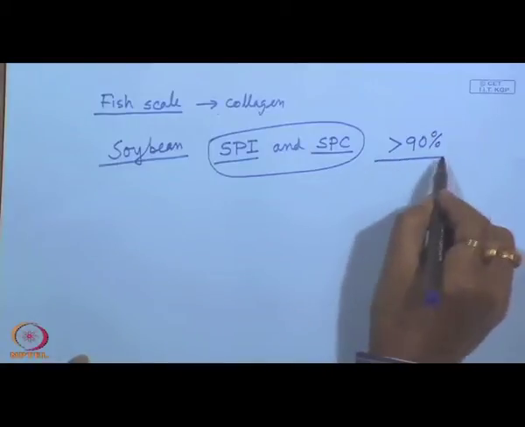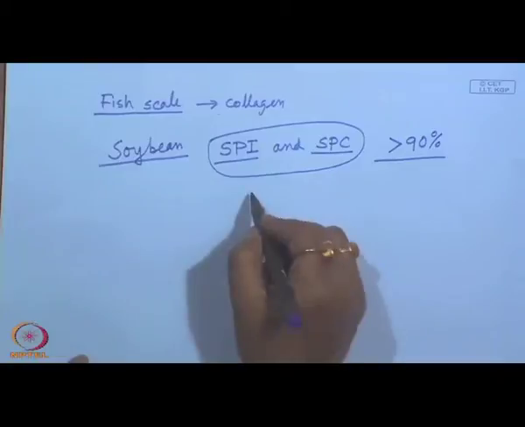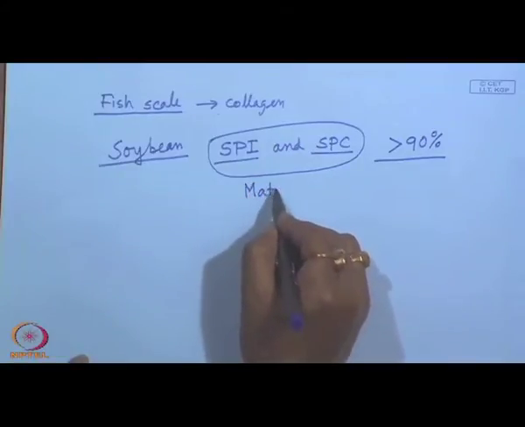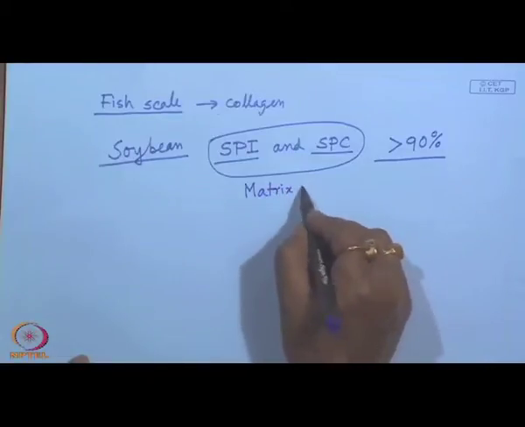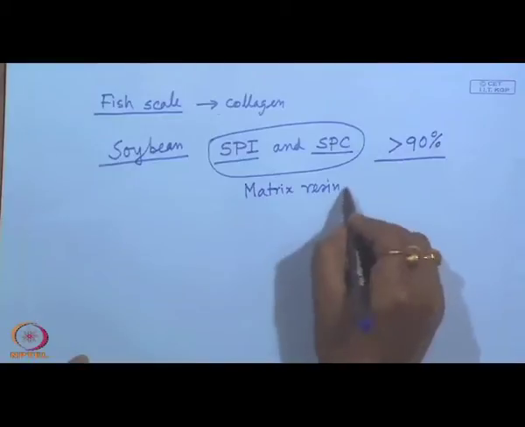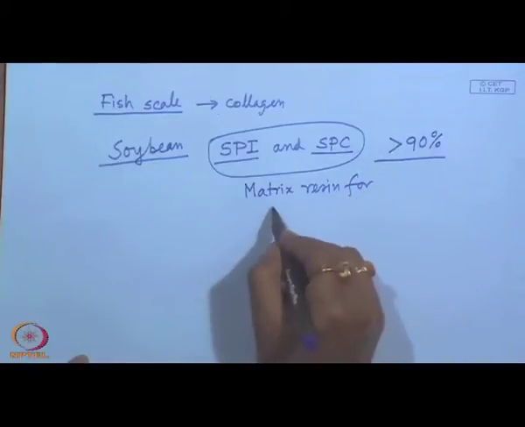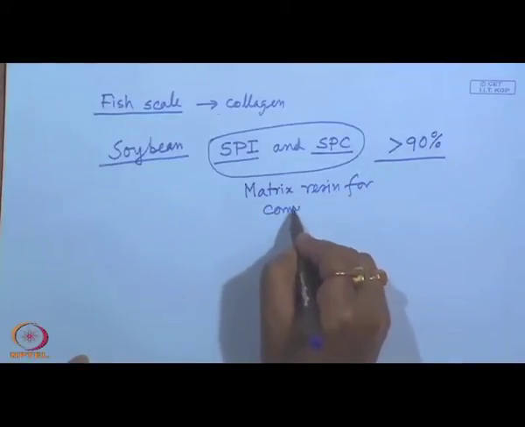Very good. These SPI and SPC polymers are very good matrix resin for making composites.